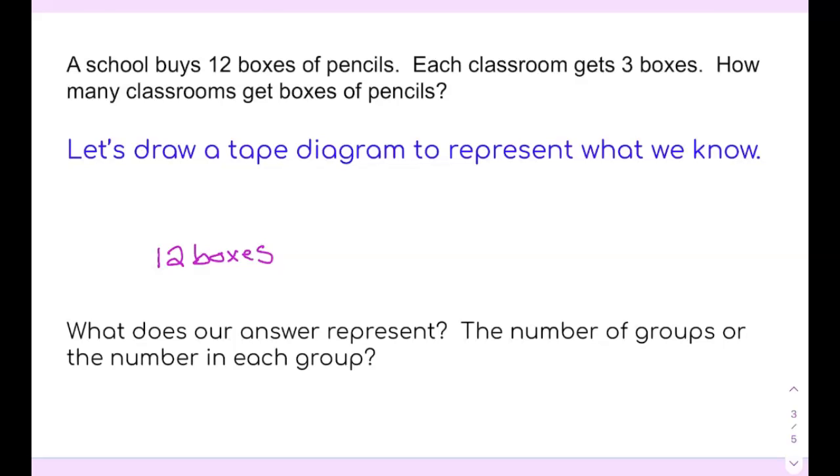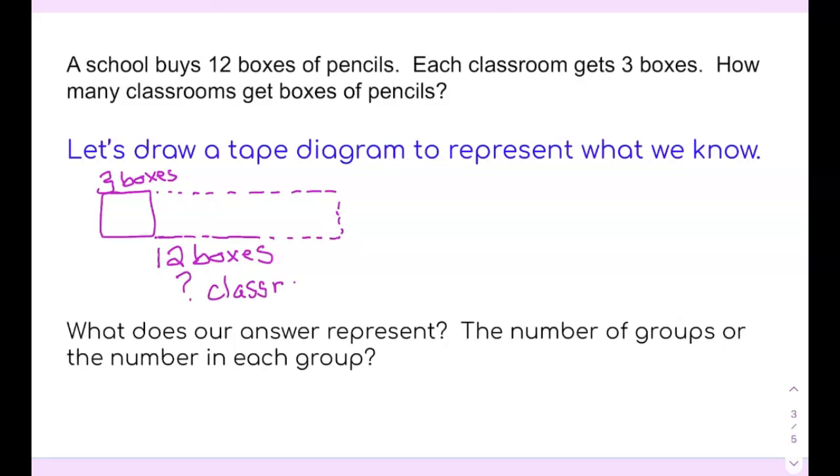We also know that each classroom gets 3 boxes. That much we know. What we don't know is how many classrooms are going to be able to get boxes of pencils. So here's what we're trying to find out. How many classrooms are going to get boxes of pencils?